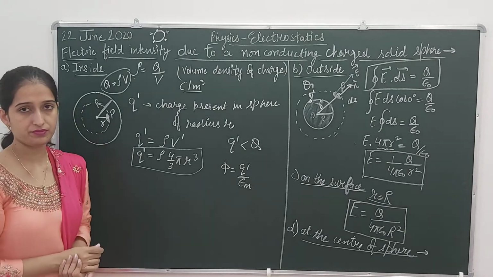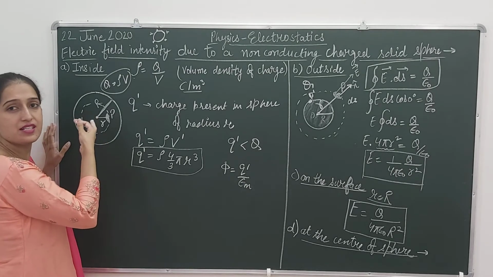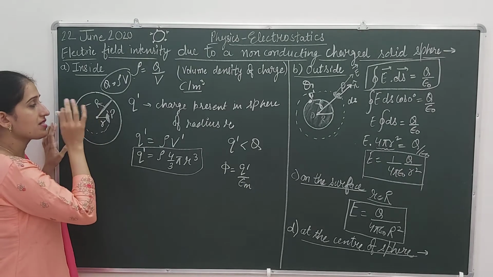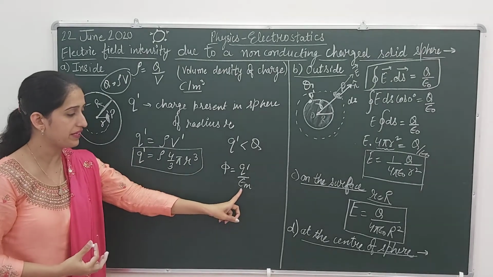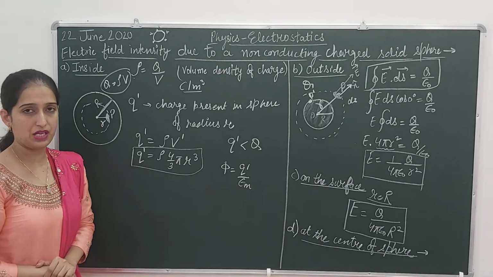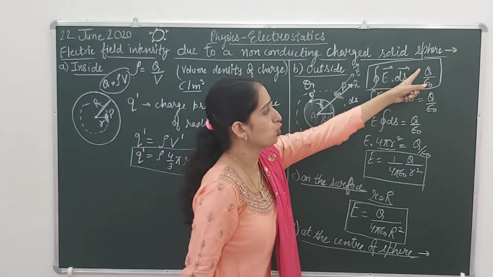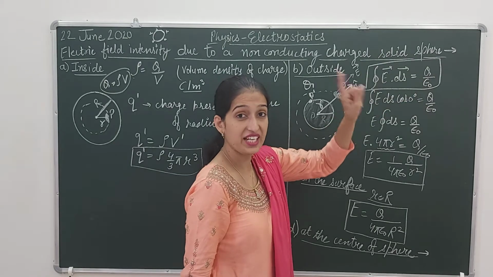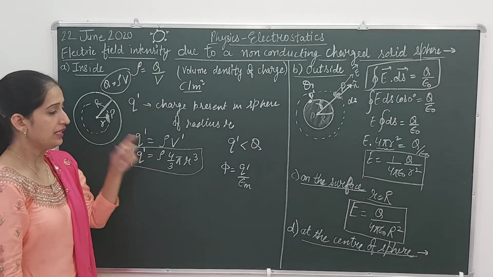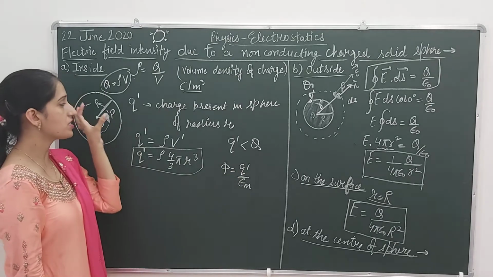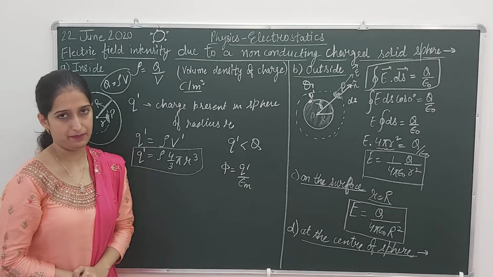This is a solid sphere of some material, and its absolute permittivity we denote by epsilon m. So the definition that flux is given by Q by epsilon naught changes when we calculate it for an inside position. Charge will decrease due to its smaller size, and of course epsilon naught will be replaced by epsilon m.